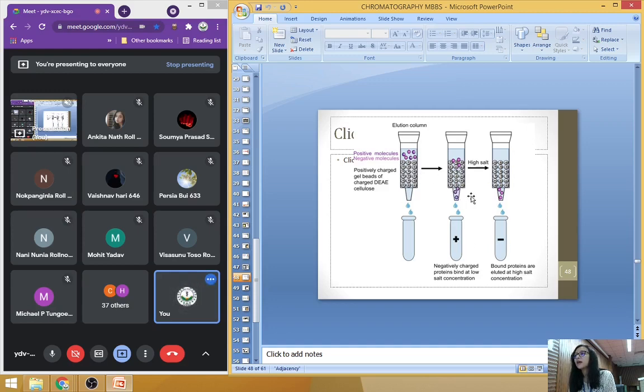Okay, and the negatively charged ones bind to these positively charged beads. Now in order to remove them, we can pour a buffer solution or a solution containing a high salt concentration, and that will elute the negatively charged molecules and we can collect them.